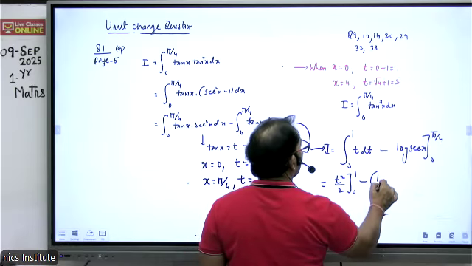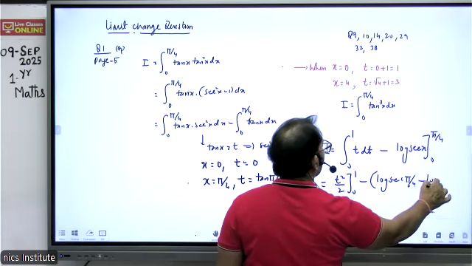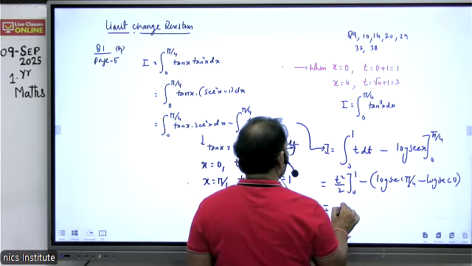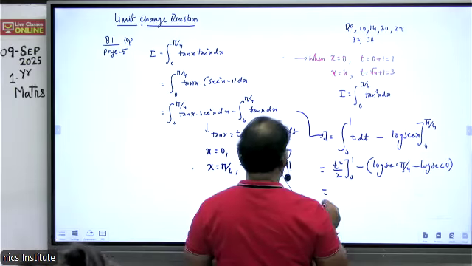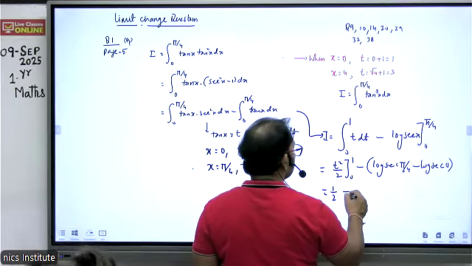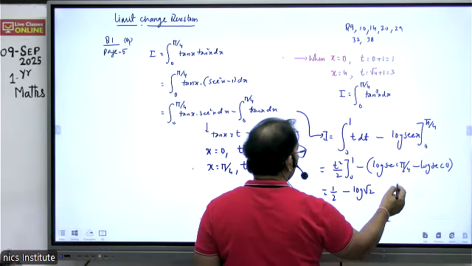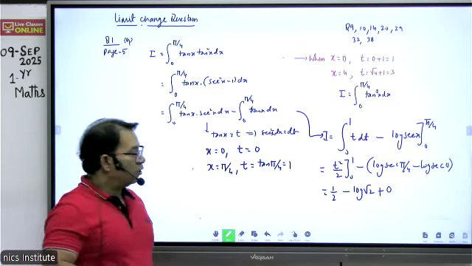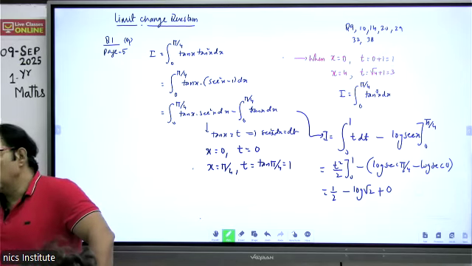Log sec x would be log sec pi by 4 minus log of sec of 0. So it will be 1 by 2. Log sec pi by 4 is root 2. Sec 0 is 1, log 1 is 0. The answer is 1 by 2 minus log root 2. If you want, you can write log root 2 as 1 by 2 log 2 also.